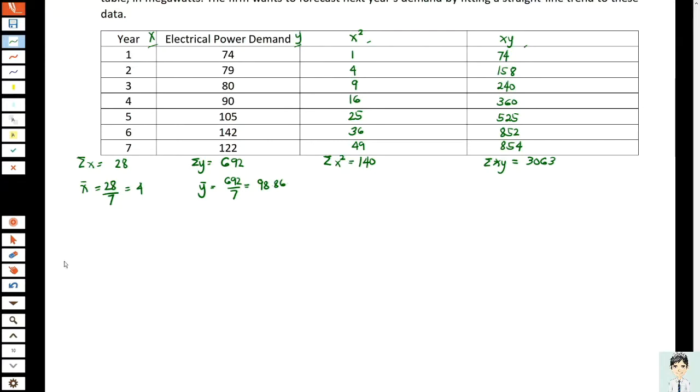So, ano yung first step natin? Compute for parameter b. Diba? Ano yung formula ng b natin?